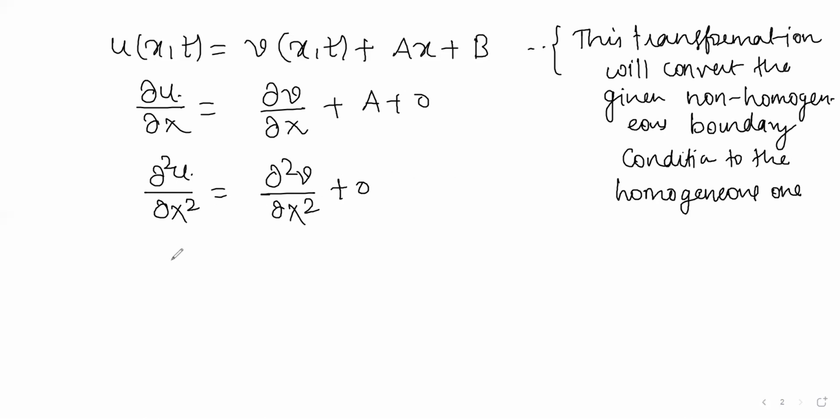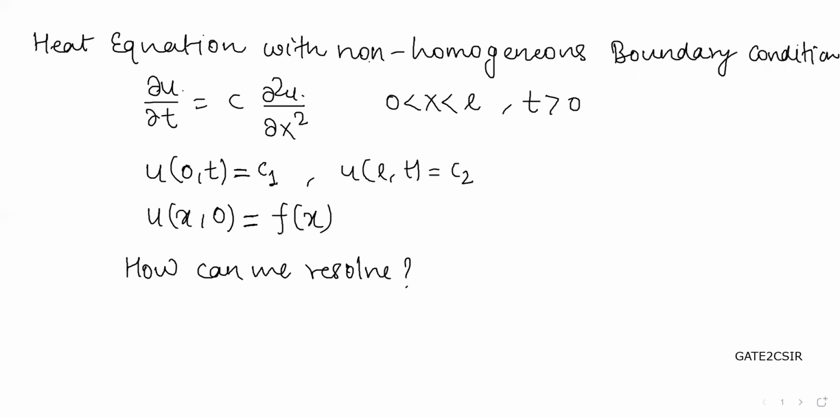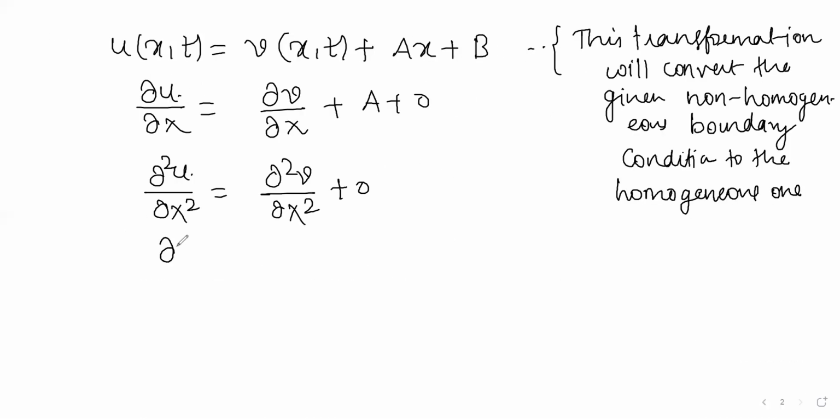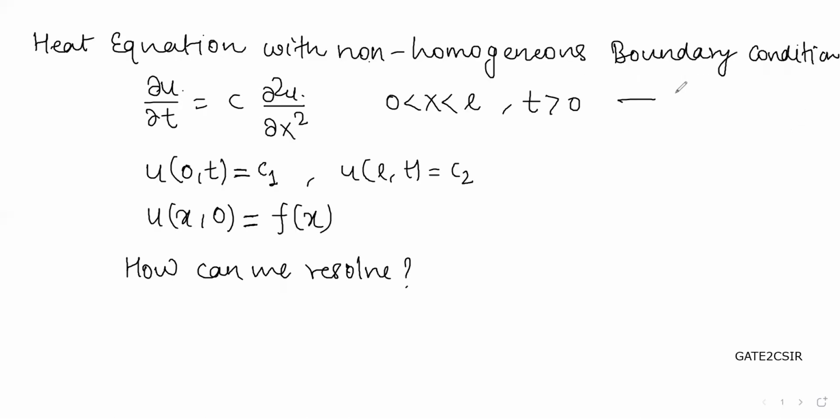So I just have this much. Now partially differentiating with respect to t, because I also need del u over del t, I have del u over del t as del v over del t. Not much difference. Now this star equation gets modified.